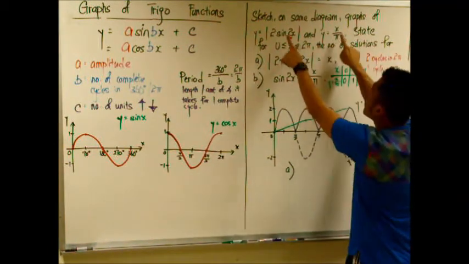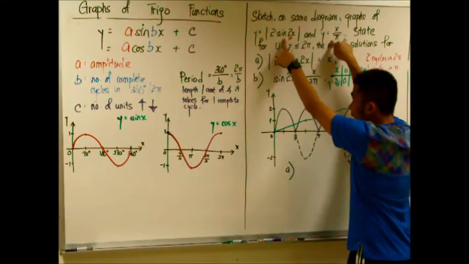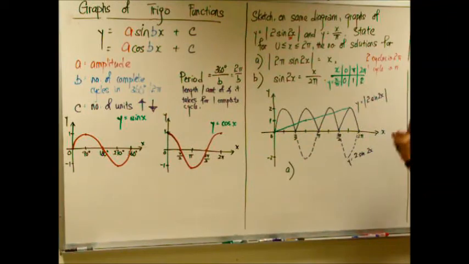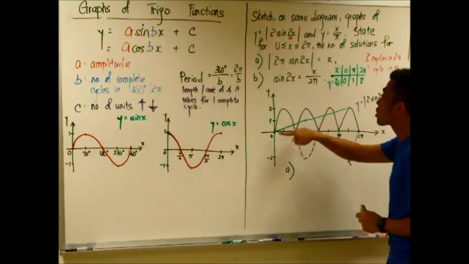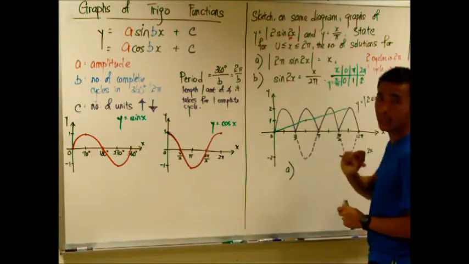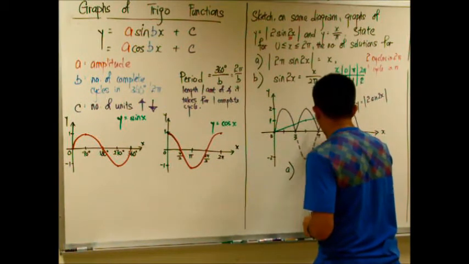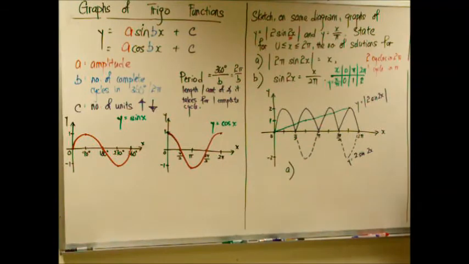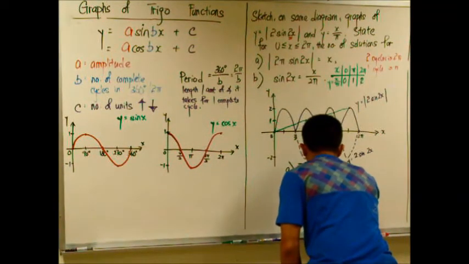It's as good as equating these two equations together. Now count. How many intersection points are there? Let's count together, for the green line as well as the purple curve, which is the straight line as well as the sine curve we have drawn. 1, 2, 3, 4, 5, 6, 7. There are a total of 7 points, meaning there must be 7 solutions.